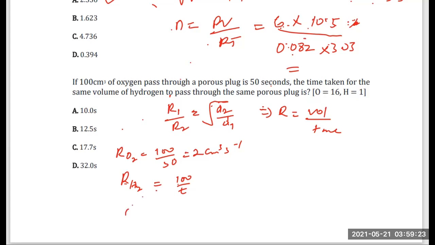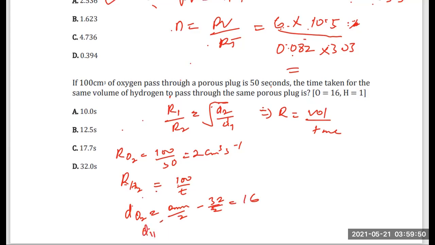What is the density of, and we may decide to use the mass, the density of oxygen will be 16, since we know that it is RMM over 2, that will be 32 over 2, so that is 16. That of hydrogen will be 2 divided by 2, since RMM is over 2, so that is 1.